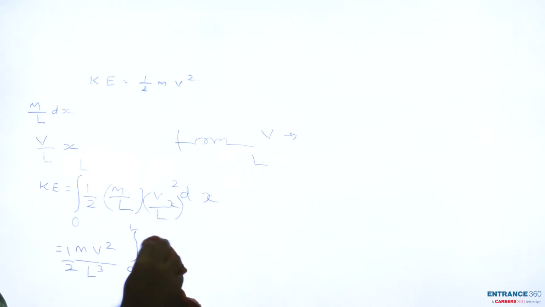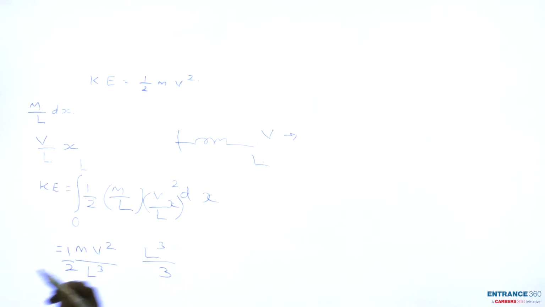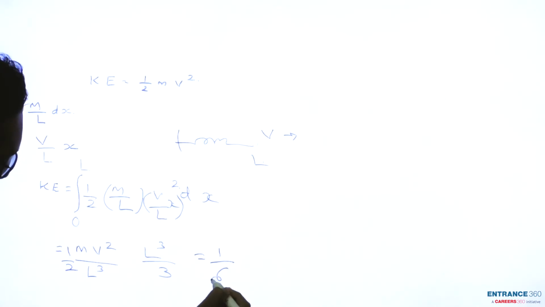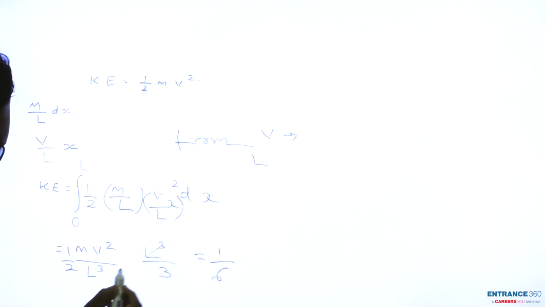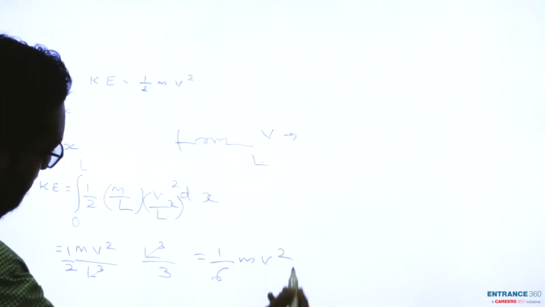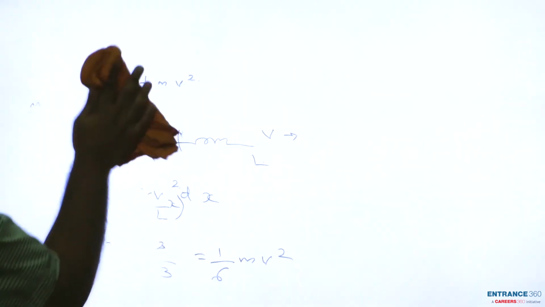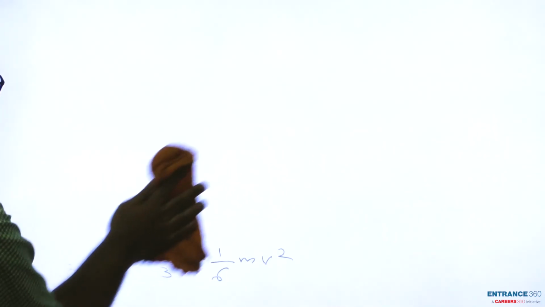Now, applying the limit, it will become L cube by 3. So, it will be 1 by 6. L cube and L cube divide to give 1, M v square. So the kinetic energy we have obtained is 1 by 6 M v square.